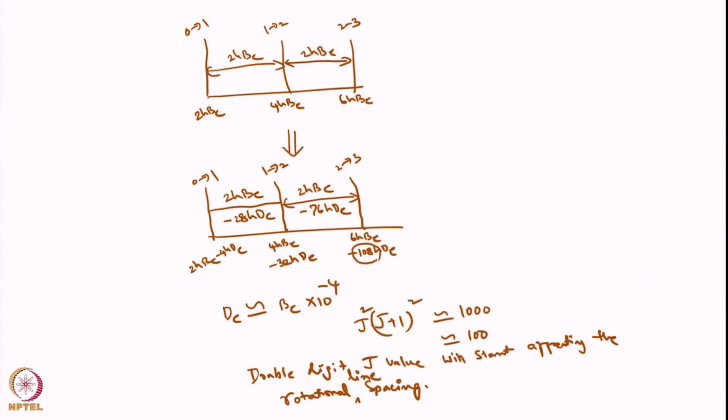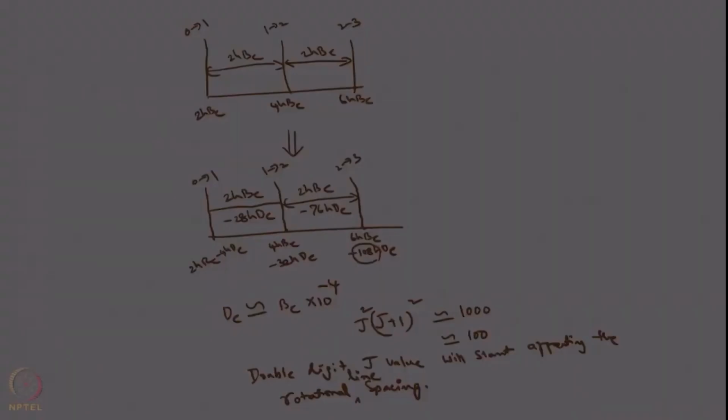Okay. So, for large values of J, the lines become closer and closer, and that is the indication of the presence of centrifugal distortion. We will stop here and continue in the next class. Thank you.